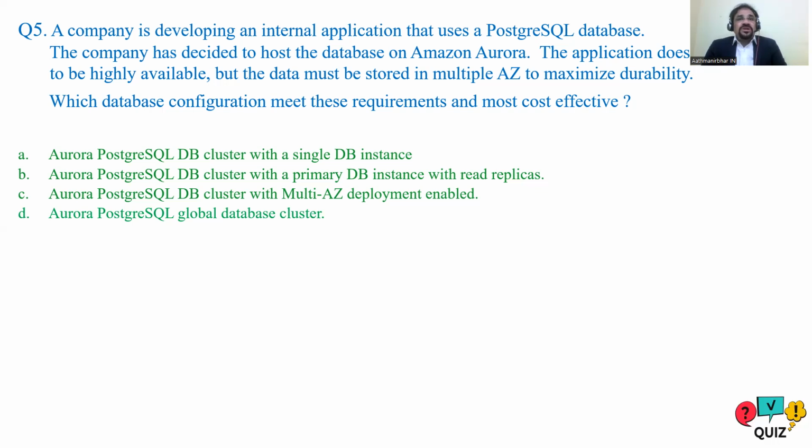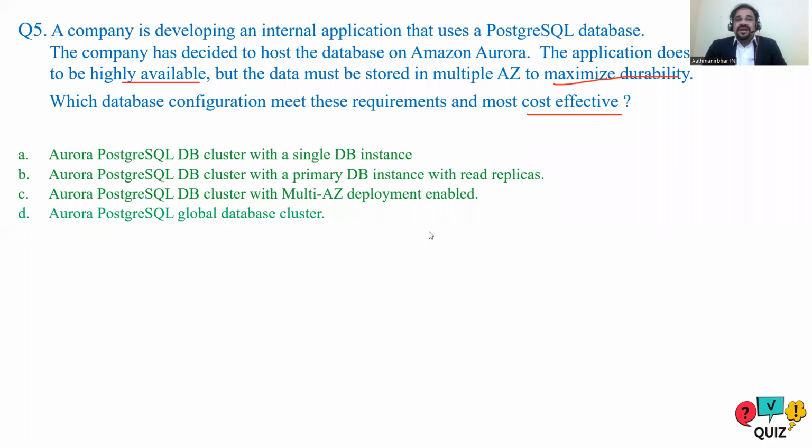So this configuration also will not go well with our requirement. We have 3 things to consider: maximize data durability, cost effective, and highly available. All the 3 have to be met.